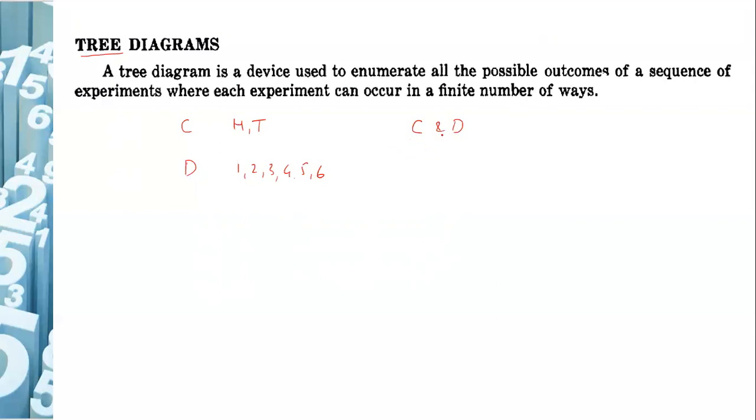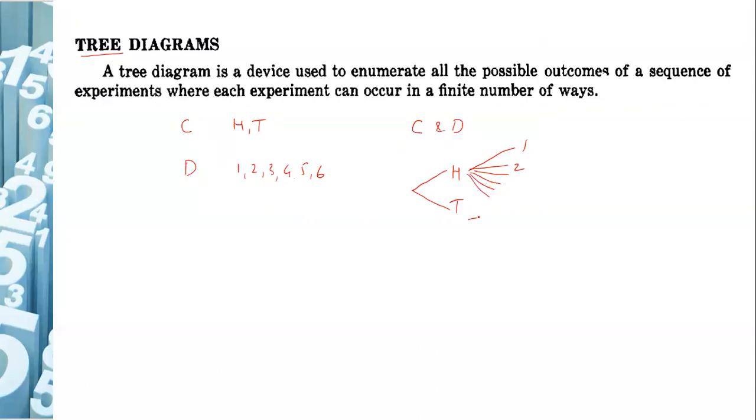So this can be constructed with a tree diagram. When you toss a coin, what are you going to get? The first experiment I'm doing, I'm going to get either head or tails. This is the first experiment. When you do the second experiment, what are the possibilities? I may get 1, 2, 3, 4, 5, 6.